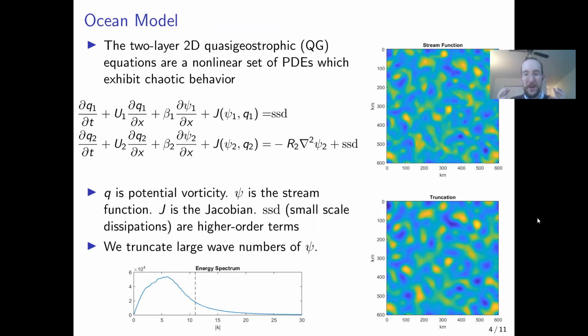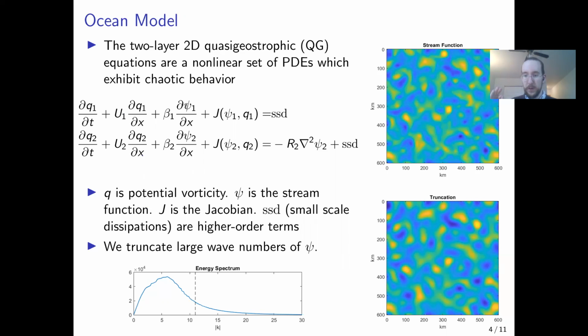The main way that we are going to reduce the computational cost of the forecast model is to take advantage of the Fourier transform and spectral space. Our ocean model, for example, is based on the two-dimensional quasi-geostrophic equations. They are a set of PDEs, and they describe the evolution of potential vorticity, Q, and the stream function.